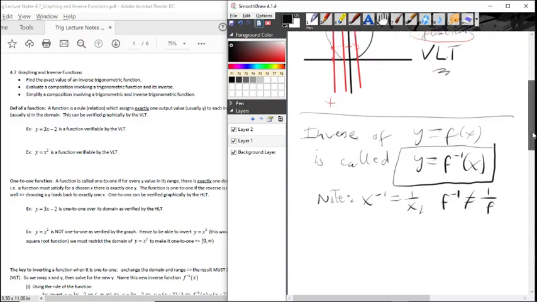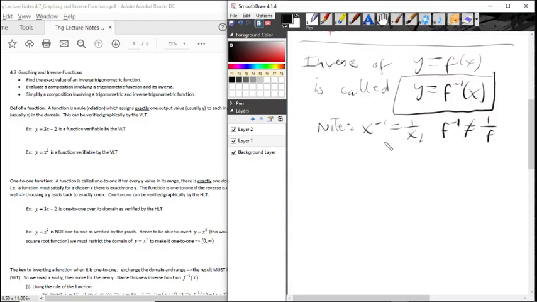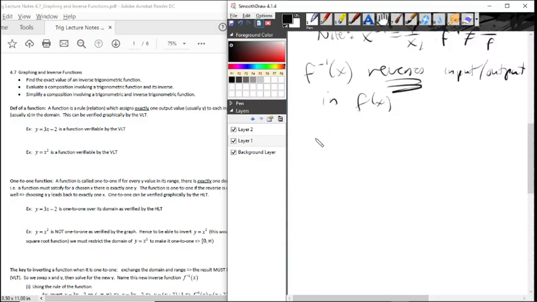And what we mean by inverse is that we can reverse the roles of input and output. So f inverse of x, the inverse function to f, reverses the roles of input and output in the function f of x. So to demonstrate an example of that type, let's take f of x equals 3x minus 2 as a given function.